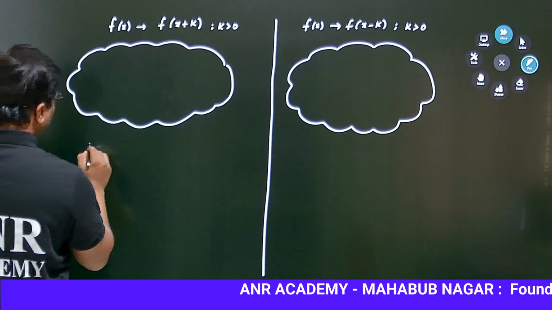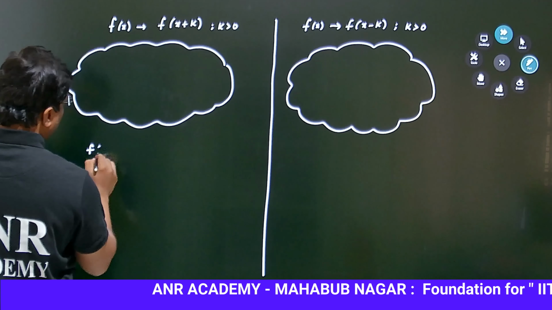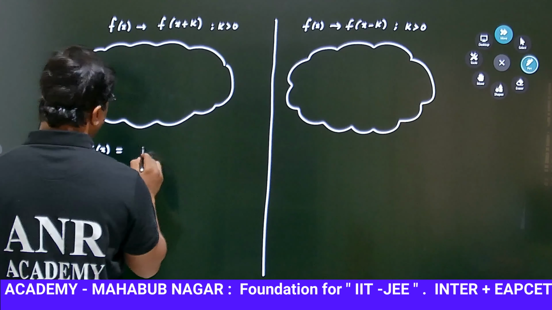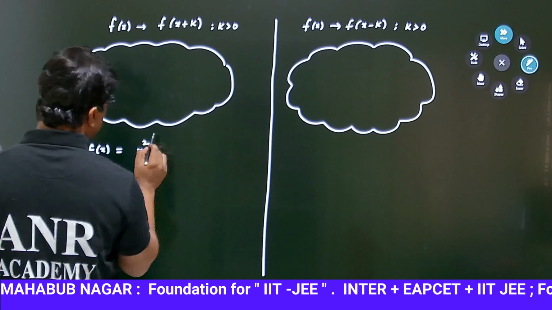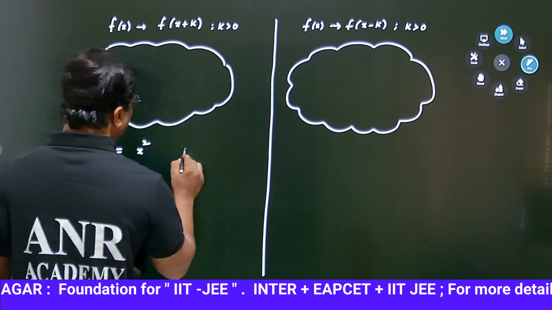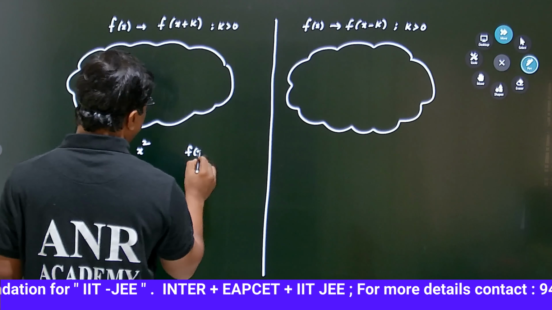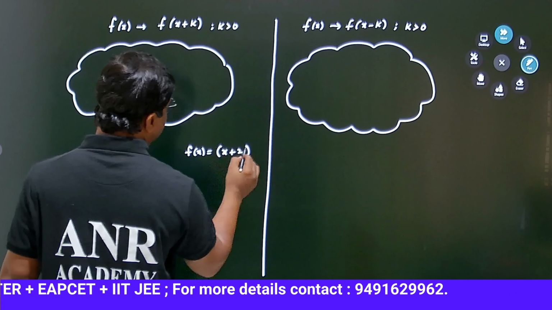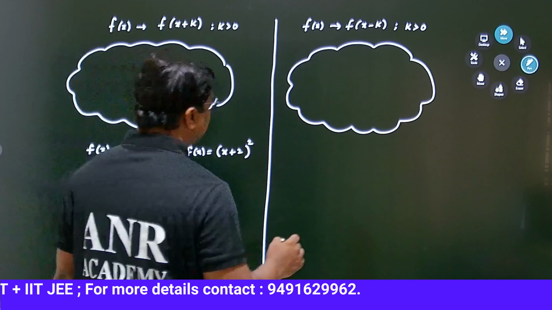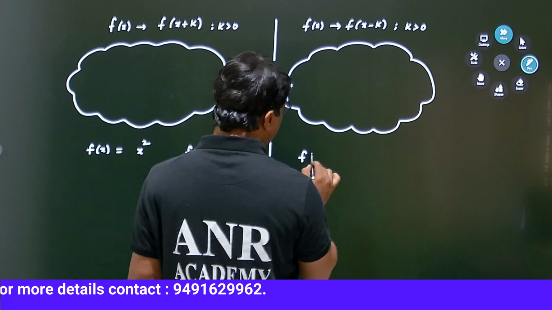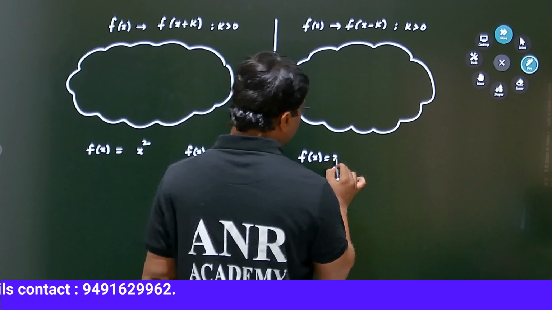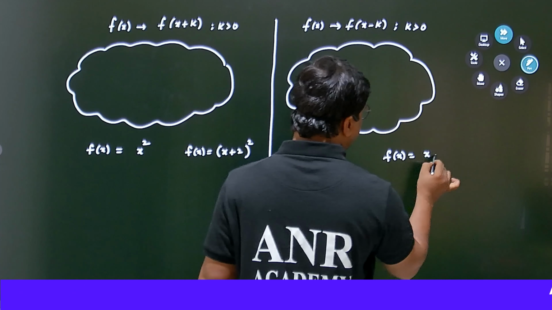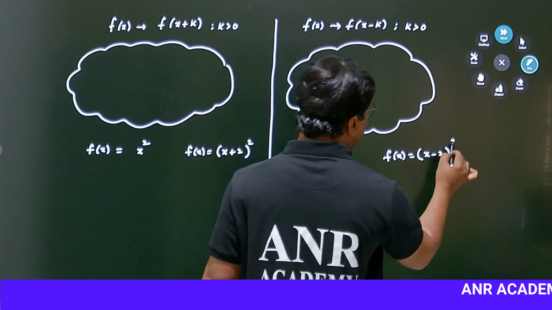Suppose that f of x equal to x square and f of x equal to x plus 2 whole square. Next, suppose f of x is x minus 2 whole square.